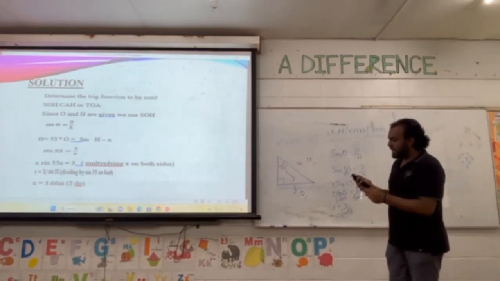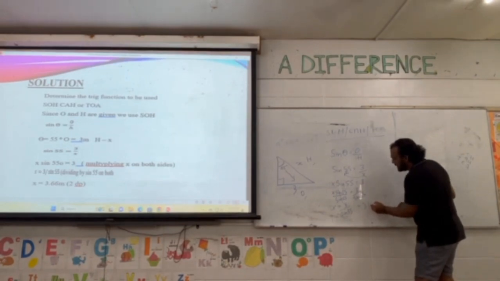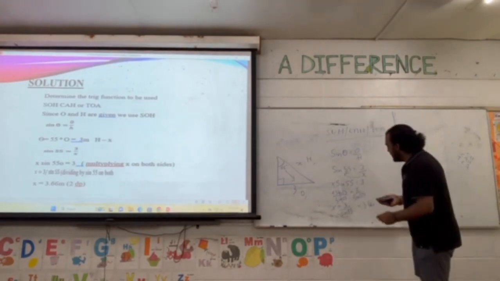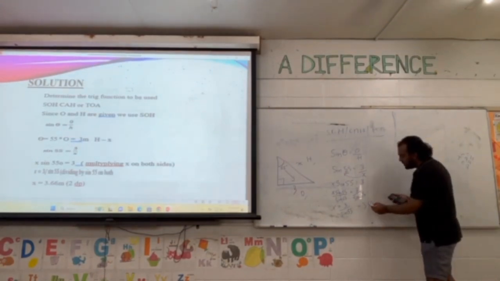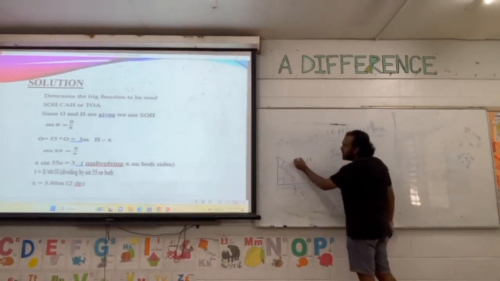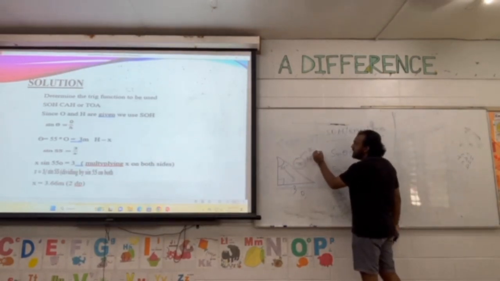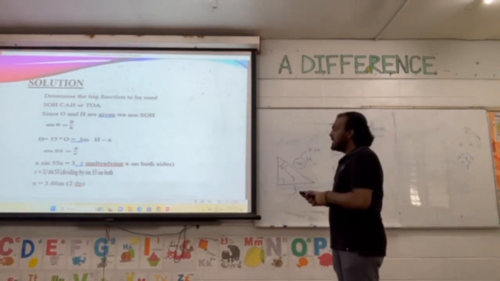We'll get the answer as 3.66. We'll write it to 2 decimal places, so we have 3.66. So we know that this x value is equal to 3.66.